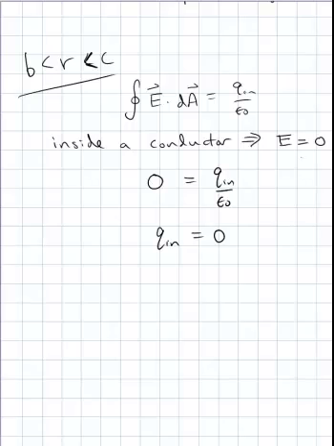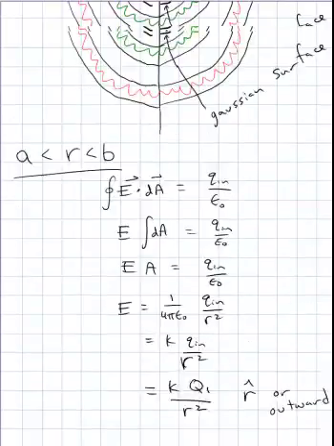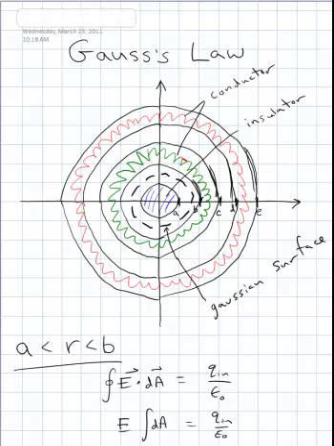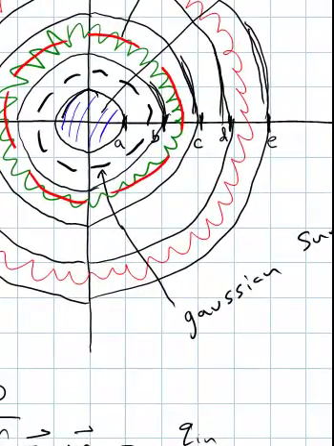So let me go back and look at our drawing one more time. If our Gaussian surface, I'll use red, if our Gaussian surface is here, then the charge inside of that red dashed circle has to be 0. And we know that on the innermost circle we have positive Q1.